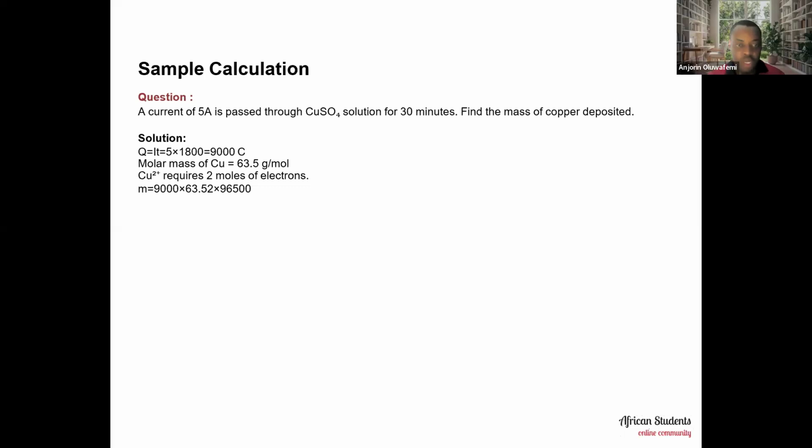If that is the case, the molar mass of copper is always given to be 63.5 gram per mole. And don't forget that Cu2+ requires 2 moles of electrons, because it carries 2+ charge. So therefore, our mass will be equal to 9,000 times 63.5 divided by 2 multiplied by 96,500. So our mass will be equal to 2.96 grams. How did we arrive at this?